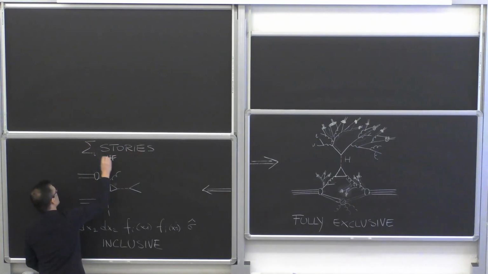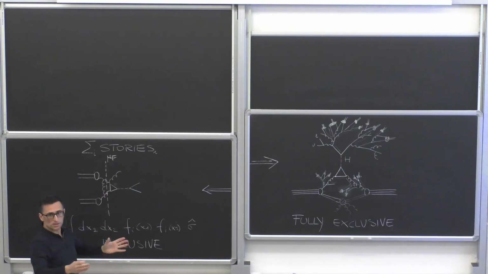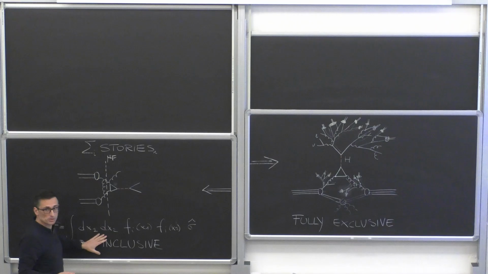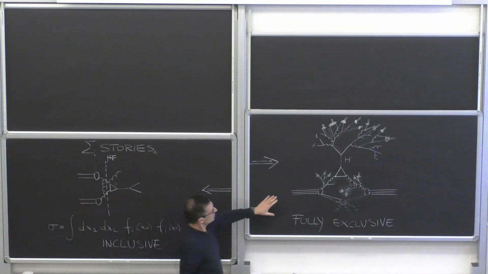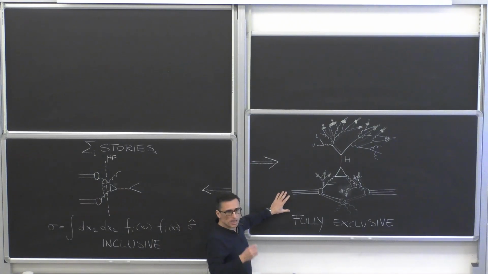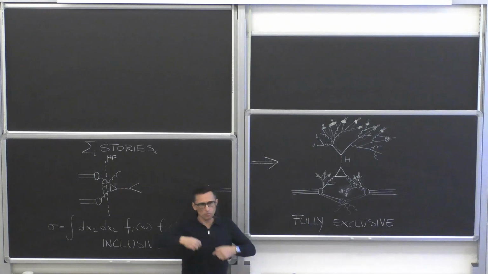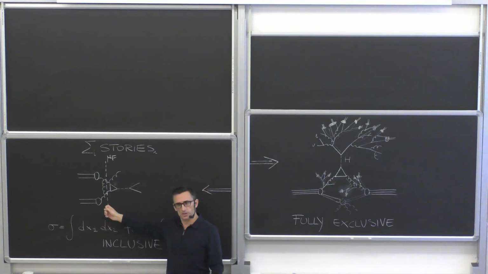Here I'm summing over possible stories, possible things that can happen, and summing them all, and I compute an inclusive object, right? Here, what I'm doing is actually picking one of the zillions of stories that, when summed, give this result.